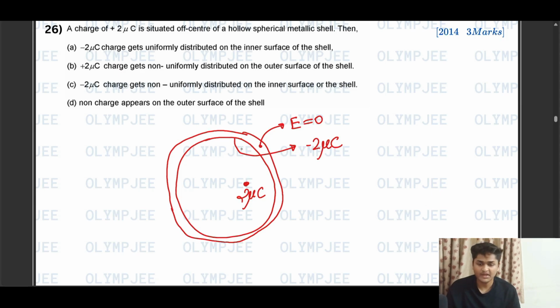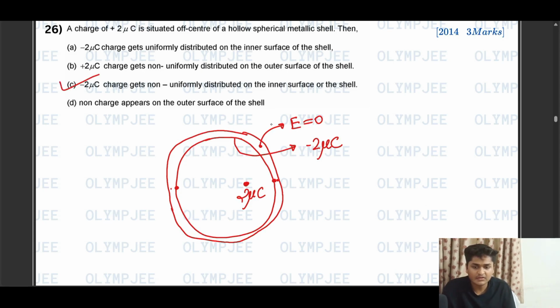So now we need to determine whether the charge on the internal surface would be uniform or non-uniform. So it would be non-uniform, because if the charge here is uniform, then charge here and here will be same, but charge due to 2 μC here and here would be different, so that would not lead to E equal to 0. So we find out that the charge should be distributed non-uniform according to this 2 μC, because this is not at the center, so C is correct.